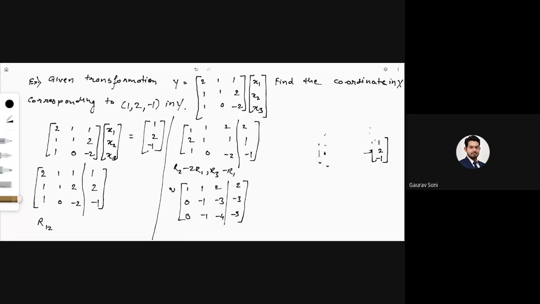And then R3 minus R2: 1, 1, 2, 2; 0, -1, -3, -3; 0, 0, -4 plus 3 = -1, -3 plus 3 = 0.